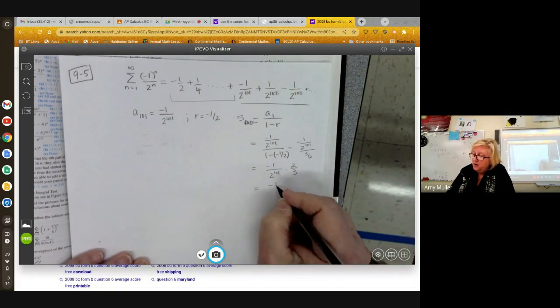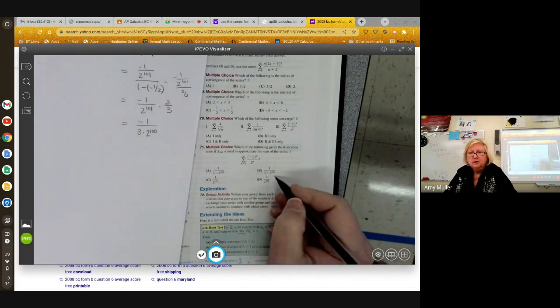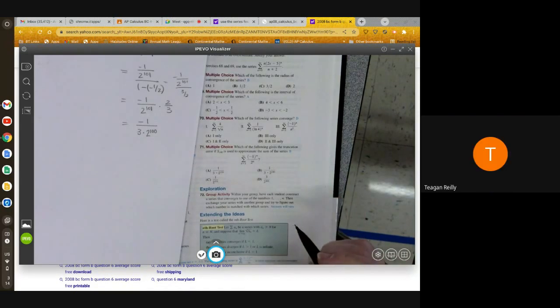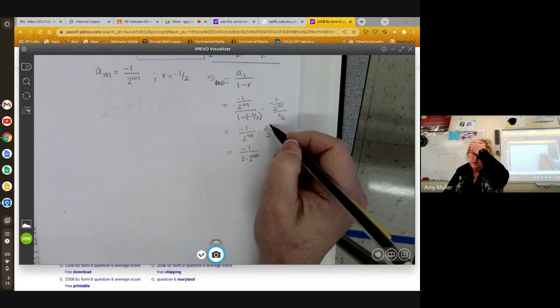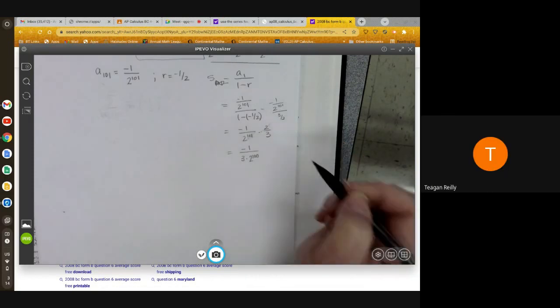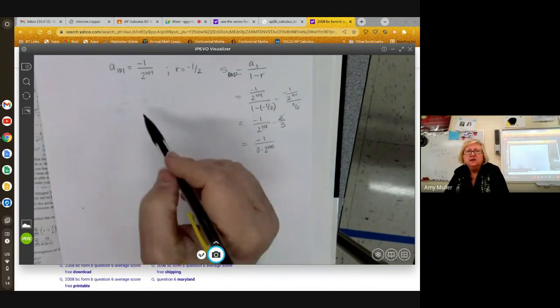So this is negative 1 over 3 times 2 to the 100. Why did it go to 100 instead of 101? Because this 2, I cancel one of them. Oh, got it.